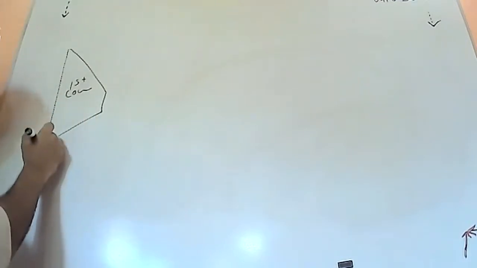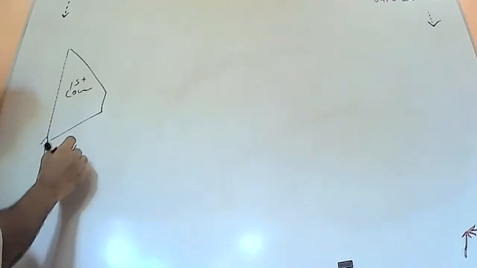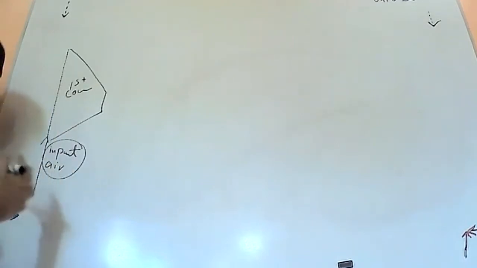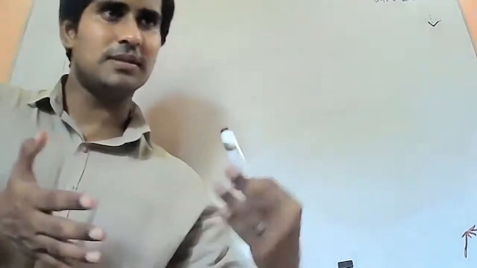So this is the input, the first air input. Because if you are going to sketch a circuit, there should be certain inputs and certain outputs. Okay, so this is the input to the first compressor.